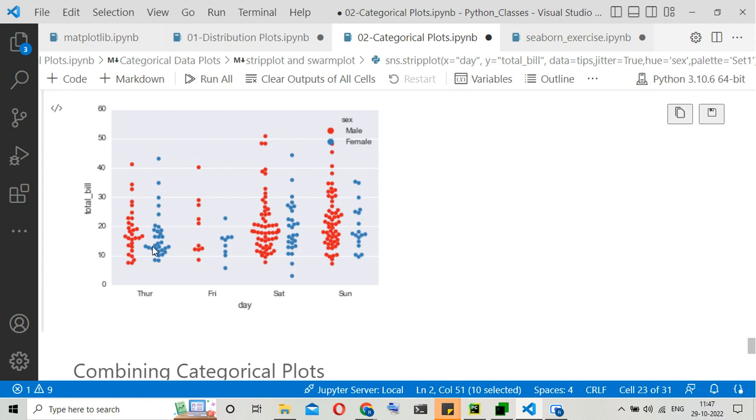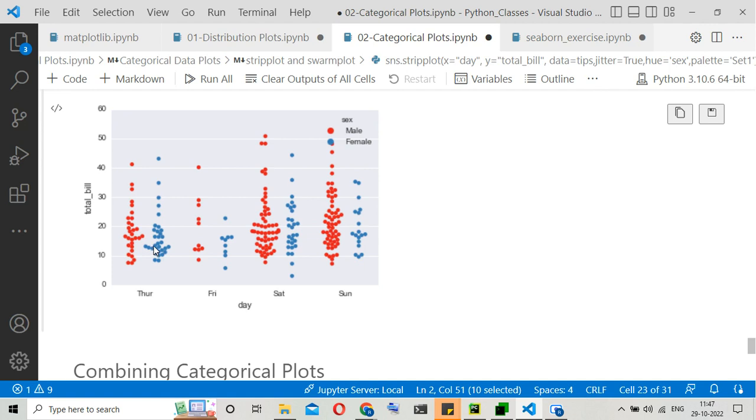For conclusions, if I get this data, I will try to conclude two things: the general pattern of males and the general pattern of females. Males come mostly on Saturday and spend around $20 to $35. Females mostly come on Thursdays, even more than males, and spend around $15 to $20.